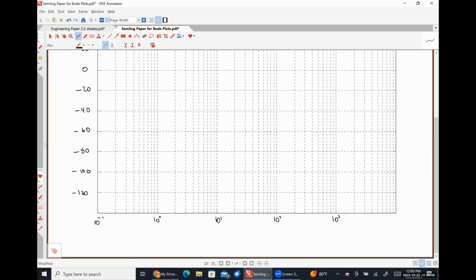And because I have two zeros at S is equal to 0, what I should see, all right, so I guess I should talk about these rules here really quickly. So zeros mean increase at a rate of plus 20 decibels per decade.